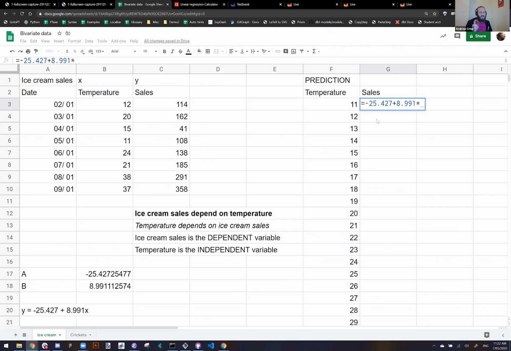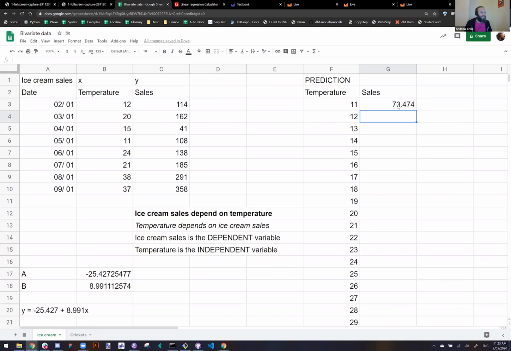Times, and then instead of writing X, I'm going to write the reference to this cell. So this cell in the spreadsheet lies in column F, row 3, so I write F3. And if you do that right, it should highlight the cell that you're referring to.